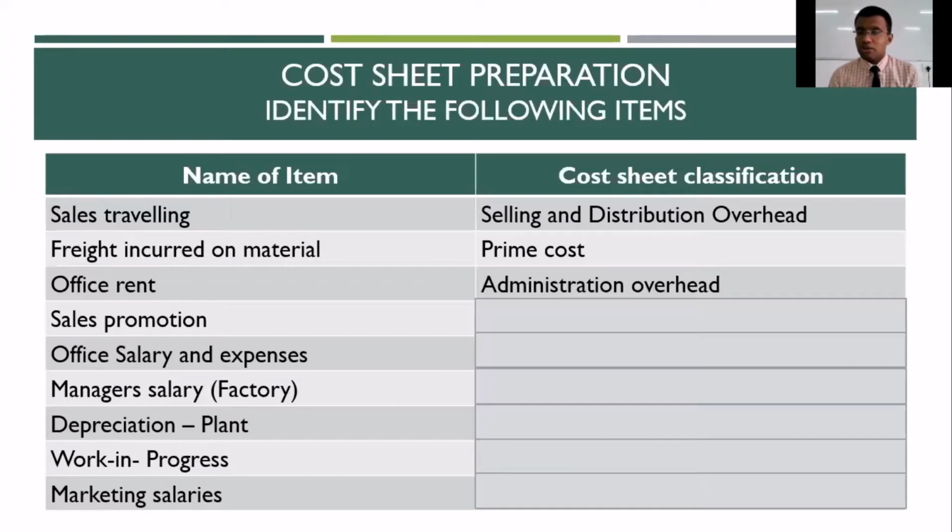If you don't pay your freight charges, your raw material will not reach your manufacturing premises. So it is a direct expense for you, and since it's a direct expense, it will be a part of your prime cost.